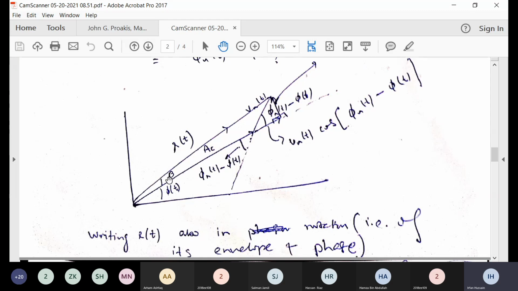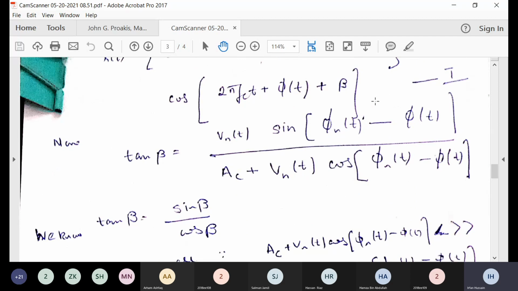And I can write my tan beta as perpendicular over the base. So perpendicular is Vnt sine of phi n minus phi t, while base is AC plus Vnt cos of phi n minus phi t. So I can write tan beta as the perpendicular over the base of my designated right angle triangle.